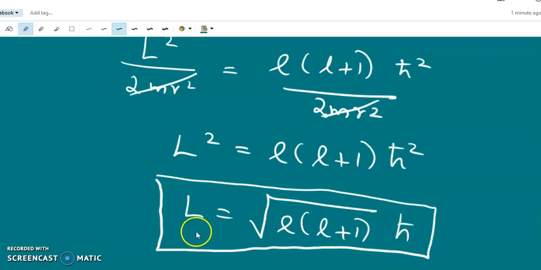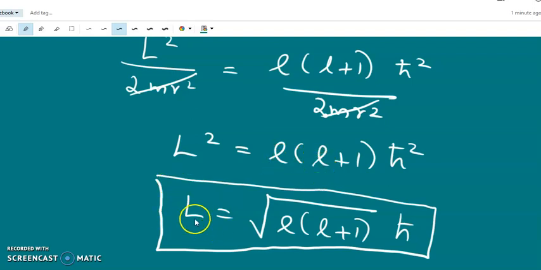So L is equal to root of l into l plus 1 cross h. So the magnitude of the orbital angular momentum is quantized. It cannot take all the possible values. Small l, we know, is the orbital quantum number. It can take values 0, 1, 2, 3, etc. up to n minus 1.